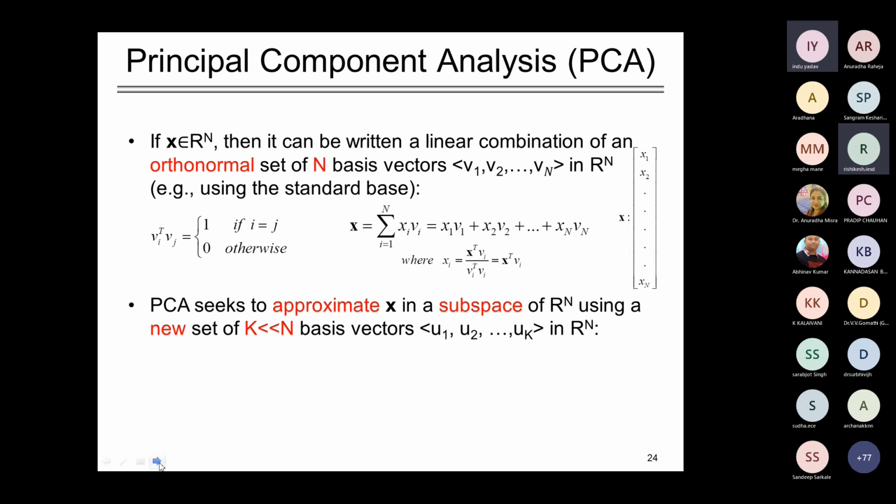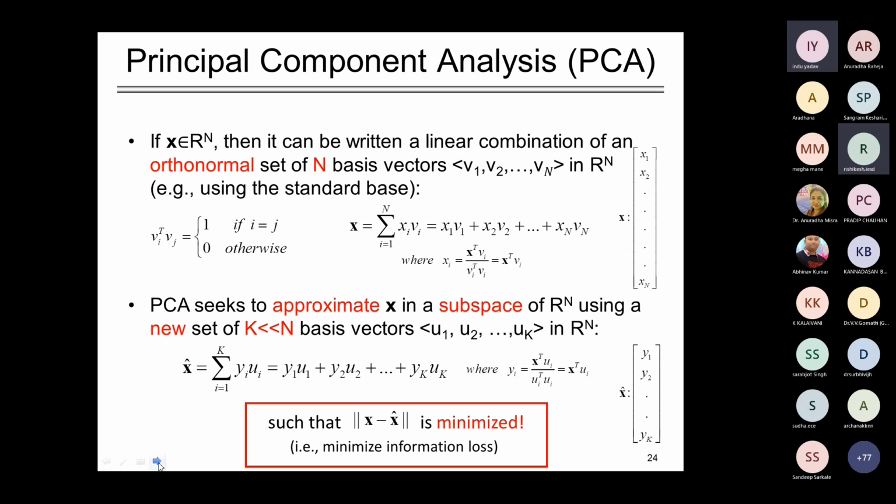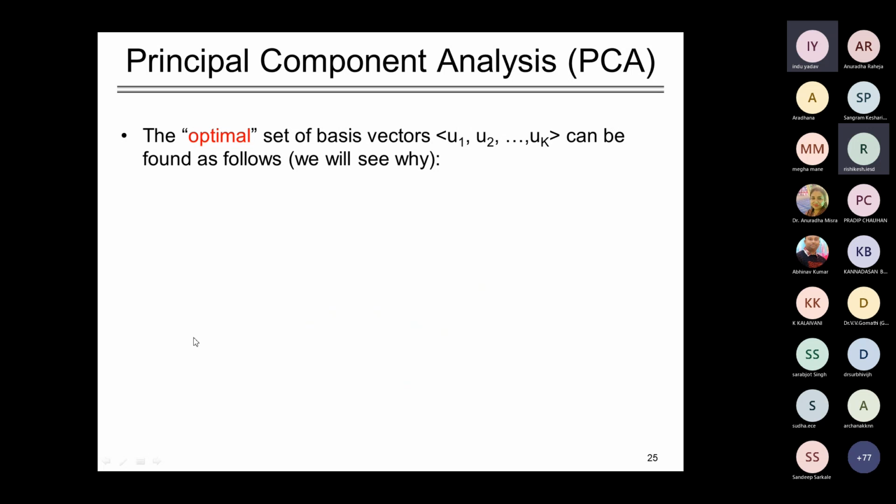PCA seeks to approximate x in a subspace of Rn using a new set of k less than n basis vectors, such that the norm of x minus x hat is minimized. The optimal set of basis vectors u1, u2, up to uk can be found as follows. We'll see why.